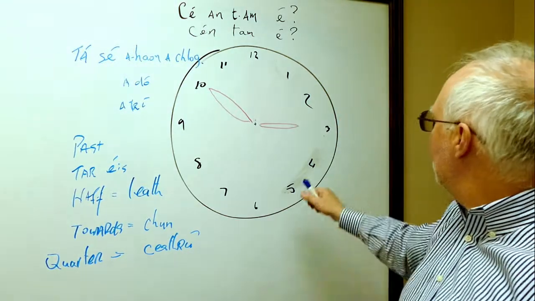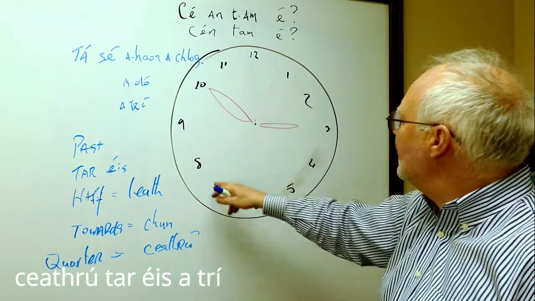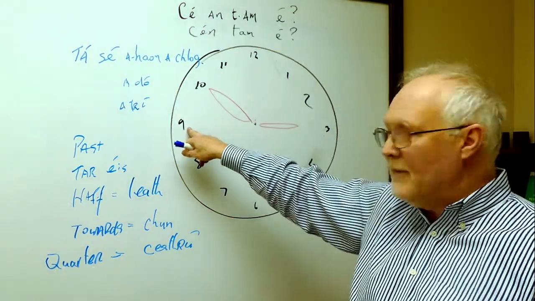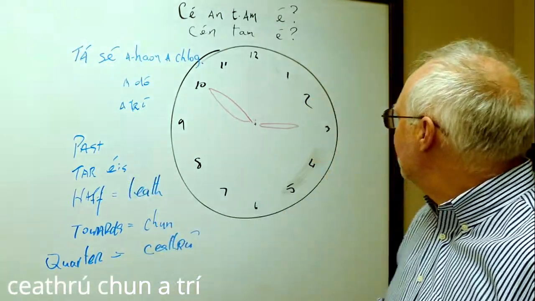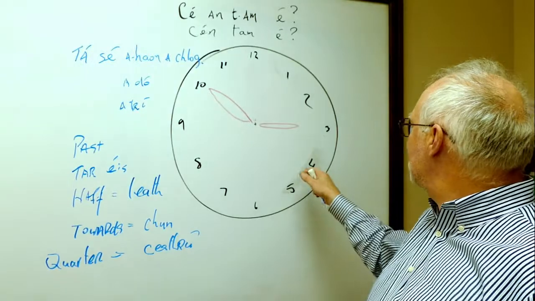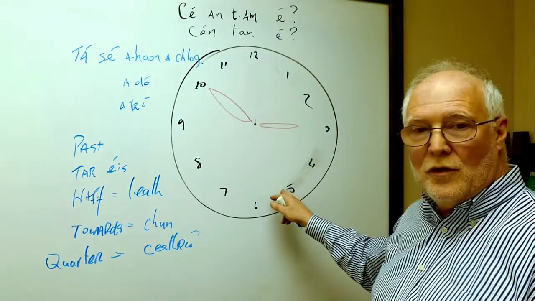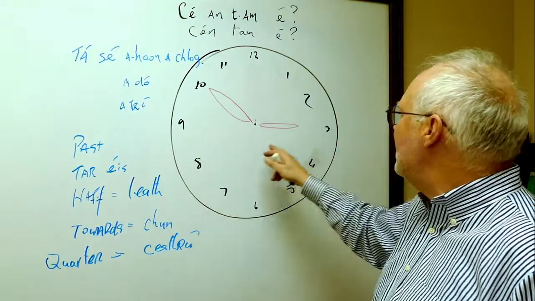So tá sé ceathrú tar éis anything, tá sé ceathrú tar éis 3, or tá sé ceathrú chun. So you're going to have either after or towards. Tá sé ceathrú tar éis 3 or tá sé ceathrú chun a ceathair. Tá sé ceathrú tar éis 5, tá sé ceathrú chun a 3. It doesn't matter.